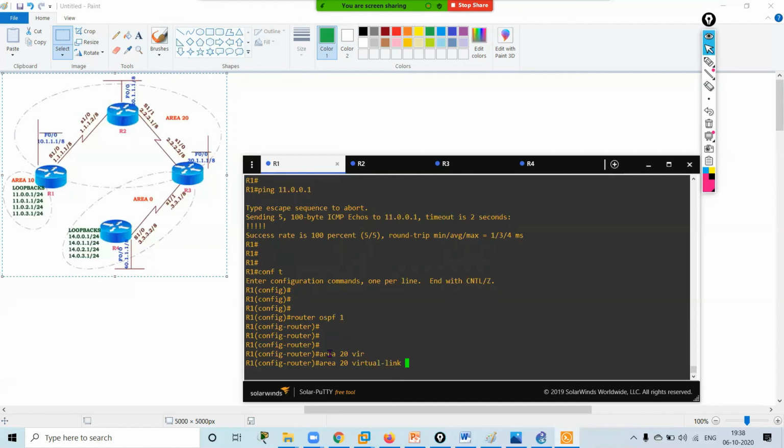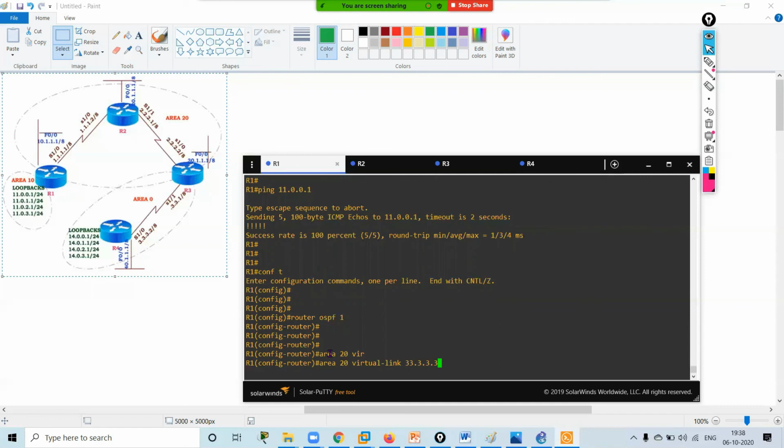Then the neighbor router, the router ID of the other ABR router on which you are connecting the virtual link. So this is ABR router 3's router ID, on R1.